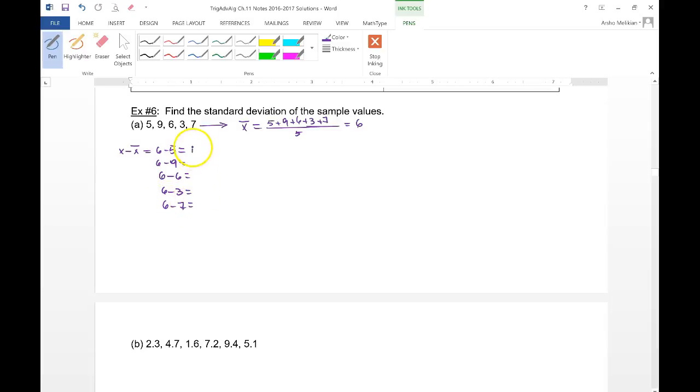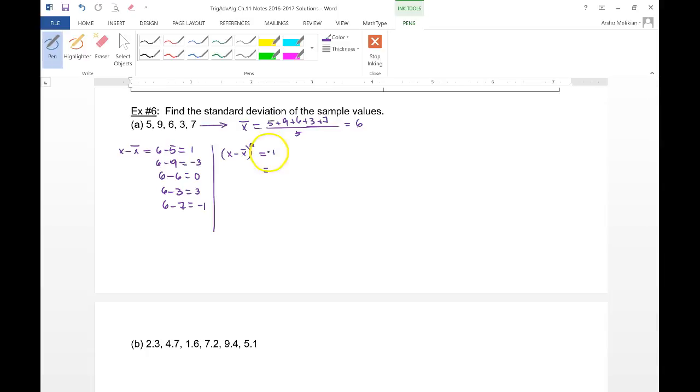Okay, so what do we get? 1, negative 3, 0, 3, negative 1. Then we square all of them. So that's going to be 1. Oh, it's the same. Because you're going to square it, you get the same values.